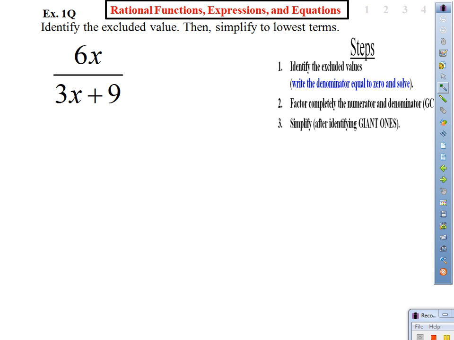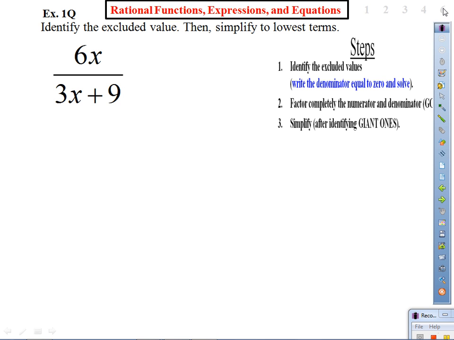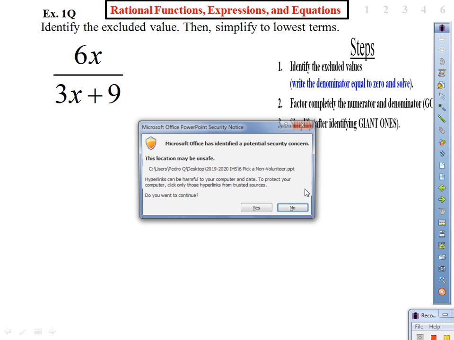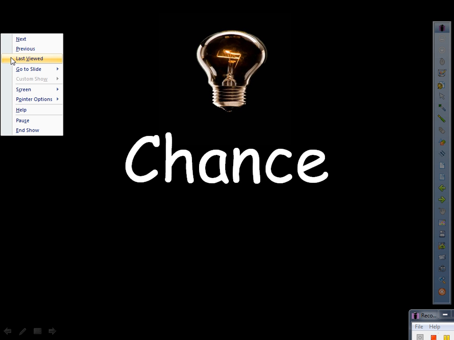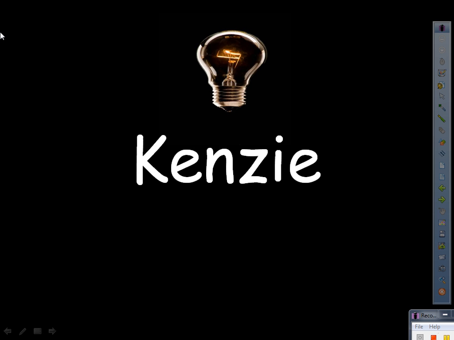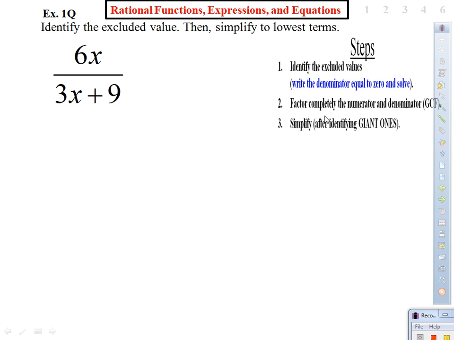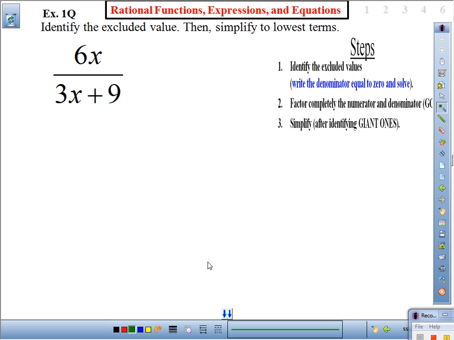So let's see. We got 6x over 3x plus 9. Let me take someone to help me get started. How about Lauren? To identify the excluded values, what do I do?